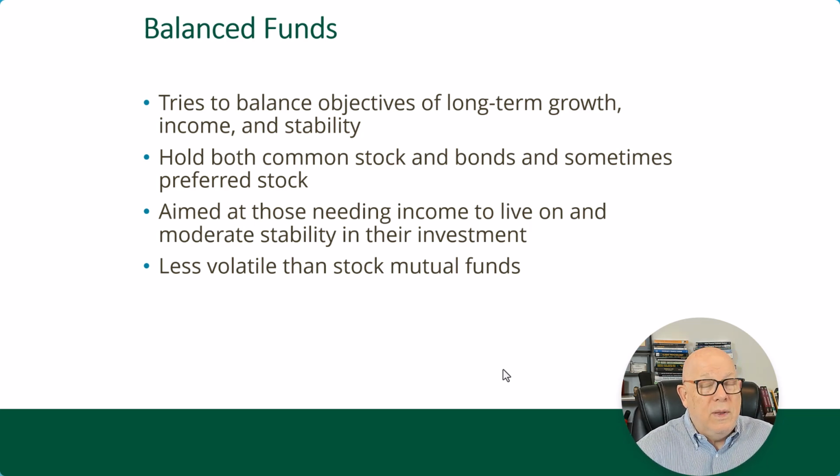So they're basically doing that for you. You can find balanced funds for any percentage you want. If you want to put 70% in stocks and 30% in bonds, you can find an investment manager that has a mutual fund or an ETF that will do that for you, so you don't have to pick the individual funds.